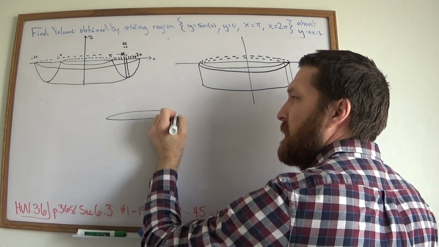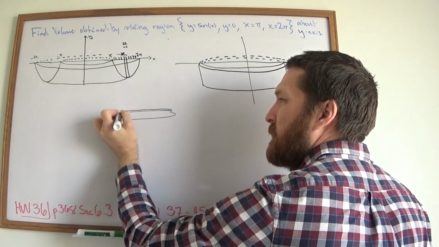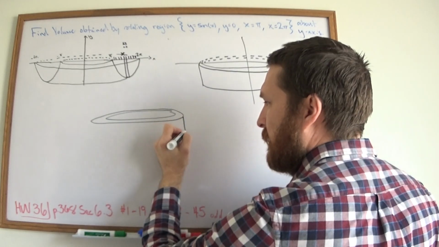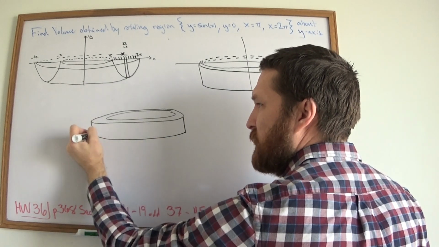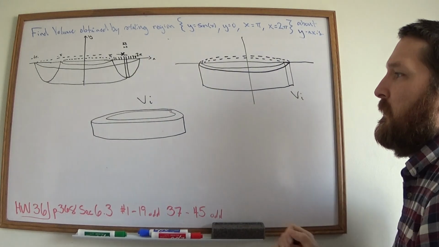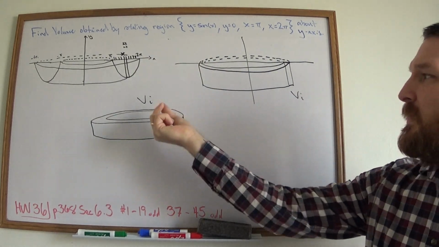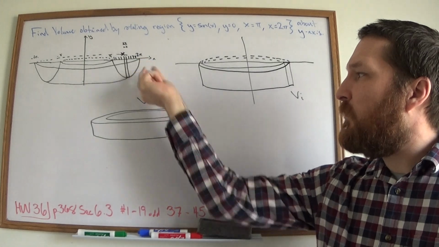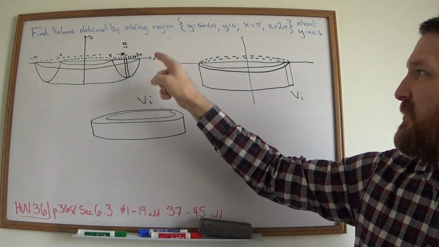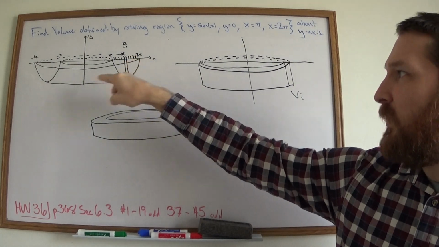There's your thing. This is the ith volume of your beast. And as you can see, as those get smaller, the sum of these things will be the volume.